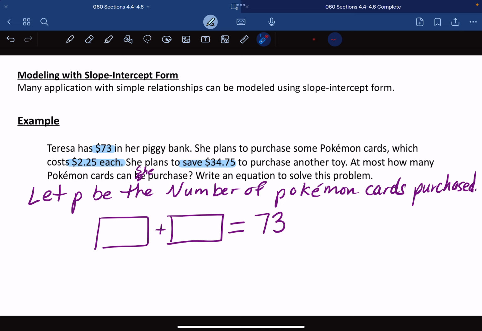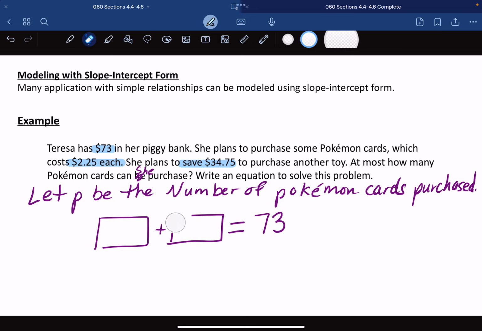We have the Pokemon cards here, and then we have the other toy. So this is our piggy bank amount that we have, and there are two things we're trying to purchase with it: our Pokemon cards and our other toy. What the other toy is, I don't know, but we want to purchase these two things.